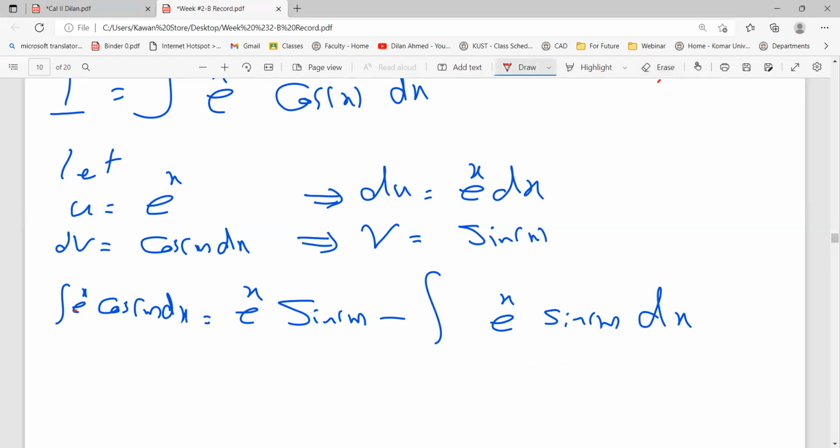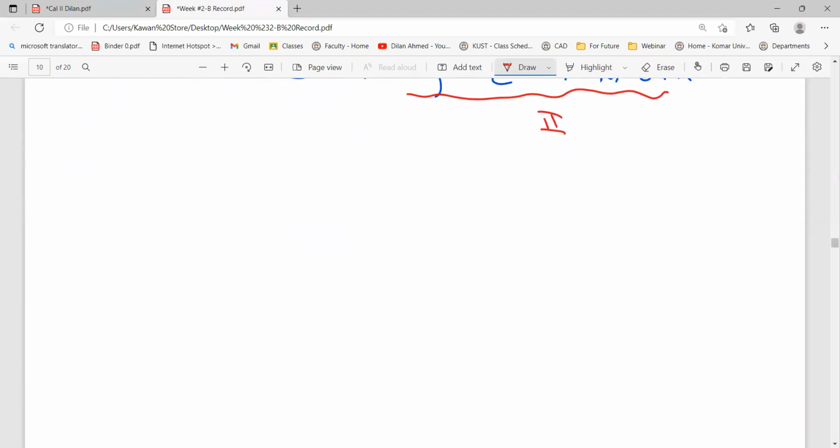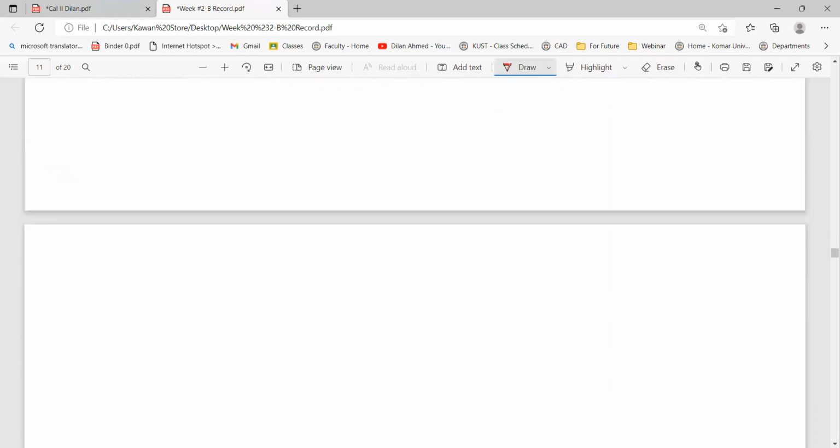We stop here. We call that one double I. I'm going to solve double I. I'm going to the next page because later I'll bring that result to there. So I say double I is equal to e to power x sine of x dx.